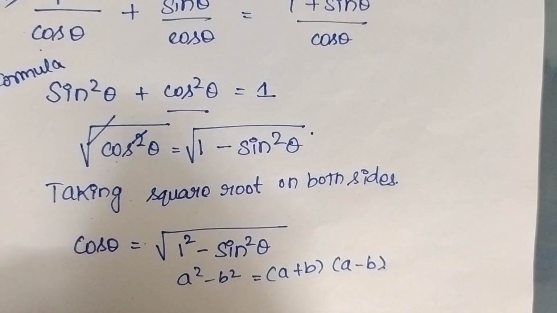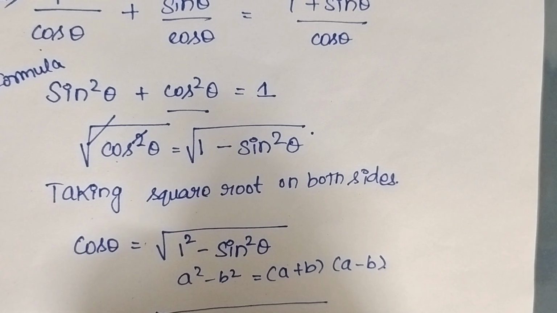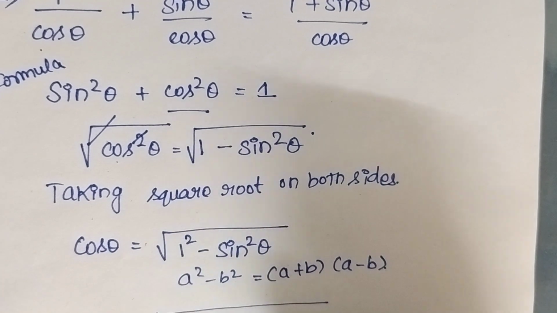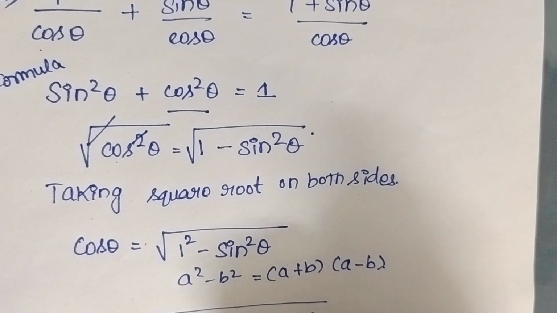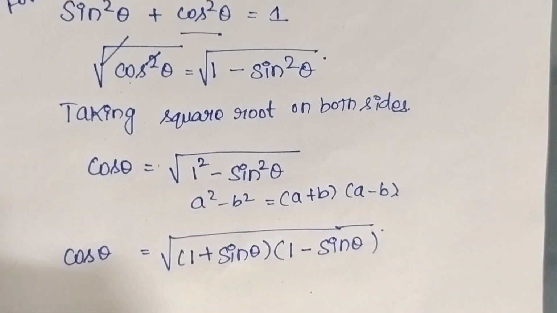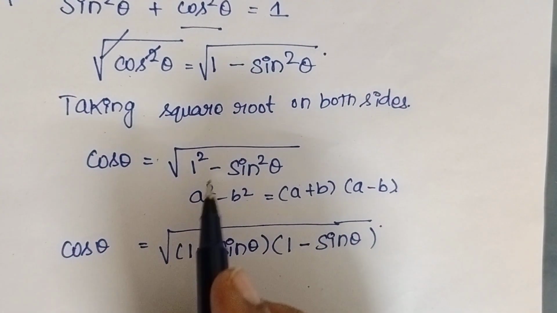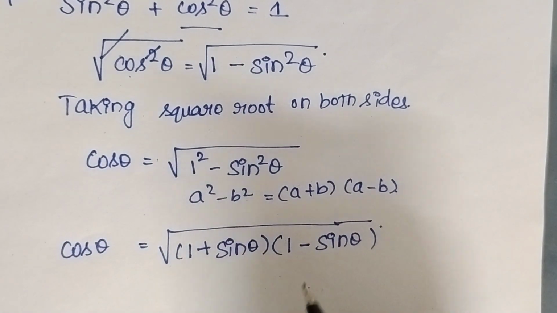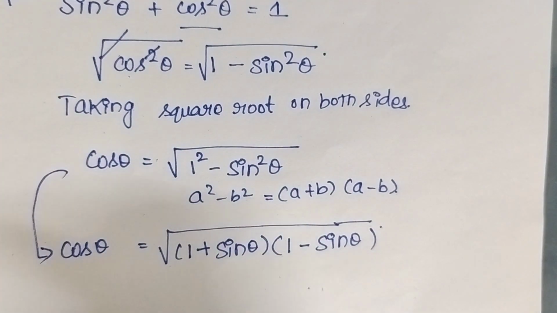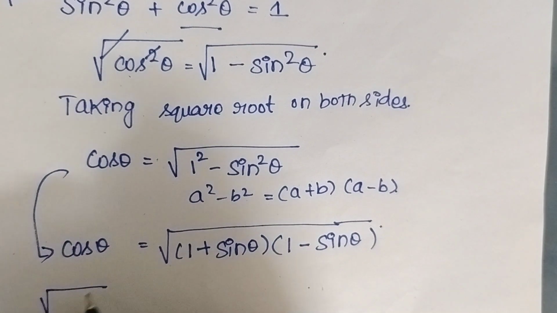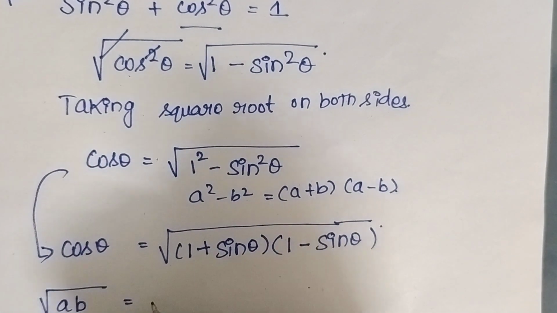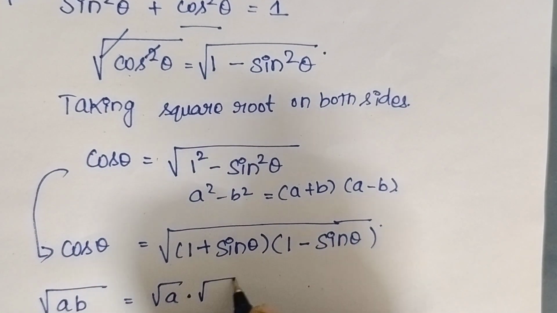Therefore, cos theta is equal to root of 1 plus sin theta into 1 minus sin theta, where a is 1 and b is sin theta. We know that root of a b can be written as root a into root b.